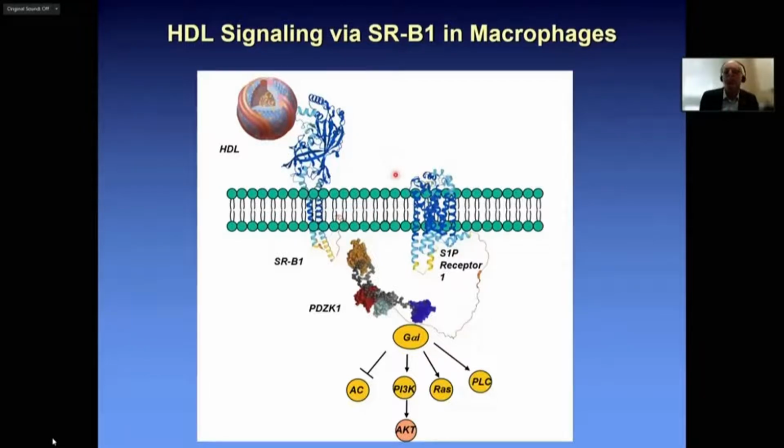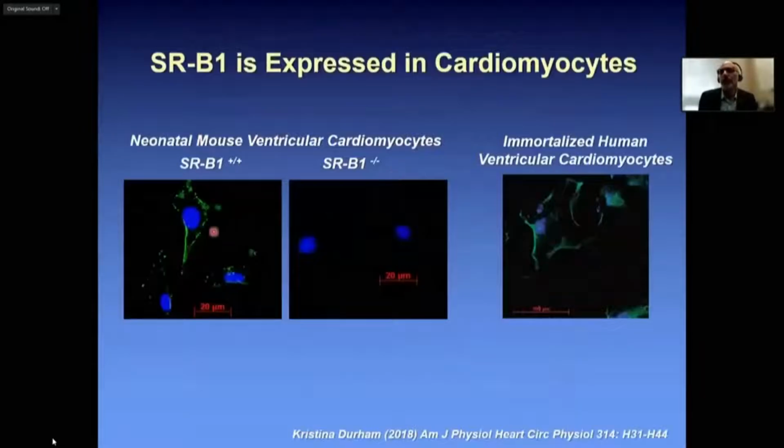So Christina Durham in the lab looked at cardiomyocytes from either wild type or SRB1 deficient neonatal mice, or immortalized human ventricular cardiomyocytes, and demonstrated that the wild type cardiomyocytes and the human cardiomyocytes express SRB1. And you can see in the SRB1 deficient cardiomyocytes, there's no SRB1 signal.